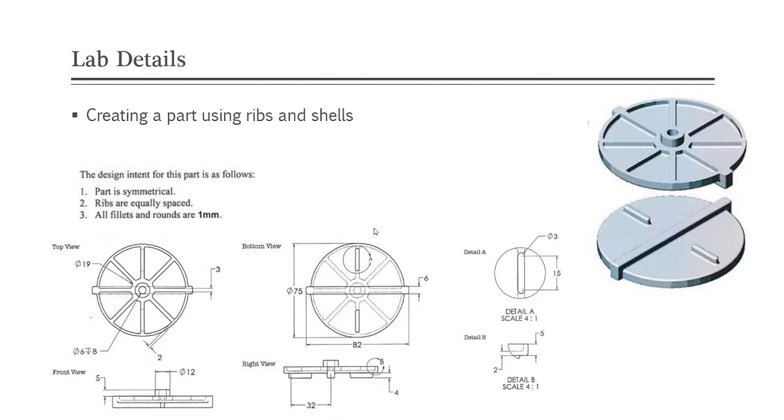Then the next step will be to add these ribs, which are symmetrical. Since the part is symmetrical, we can create one rib and use the circular pattern command to create multiple ribs. And finally, at the bottom of this section is this support, which can be drawn using the sketch feature and then extruded, and these portions can be added using the convert entities command. So let's shift to SolidWorks.